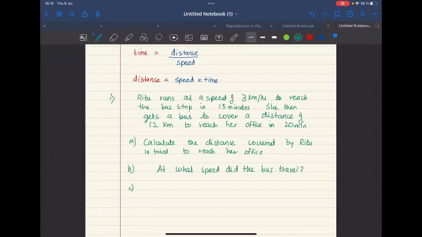Remember the unit I'm mentioning you, so it'll be easy for you to do. It should be in kilometer per hour. Okay, so remember the units.